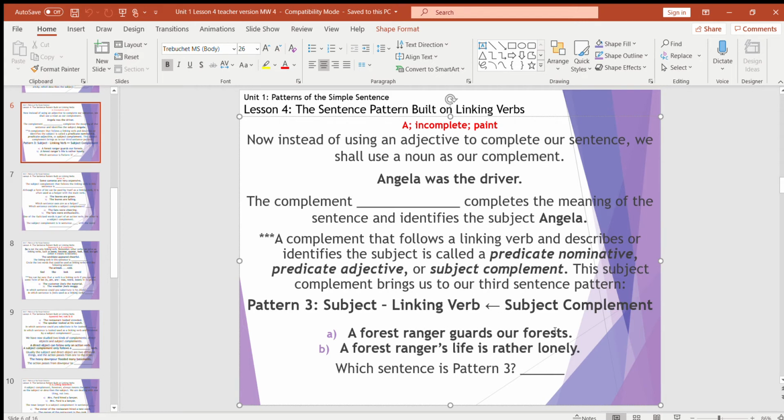A ranger is not the same thing as the forest that it guards. Whereas in B, life is. What is life? Life is lonely. That's depressing. That's funny. So lonely is life, right? It describes life. Life is lonely. It works both ways. One thing is discussed. So B would be pattern 3.